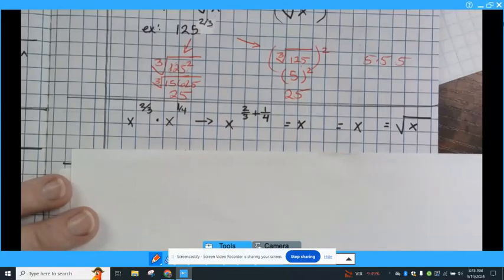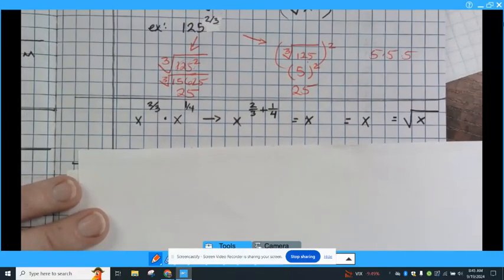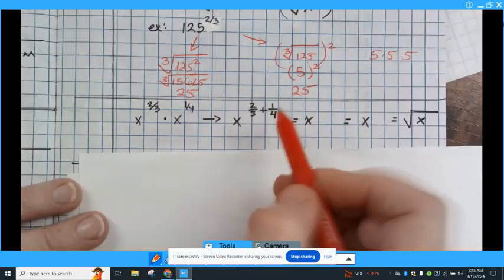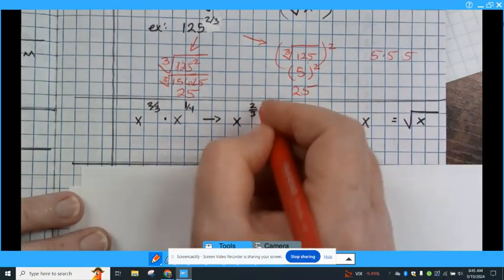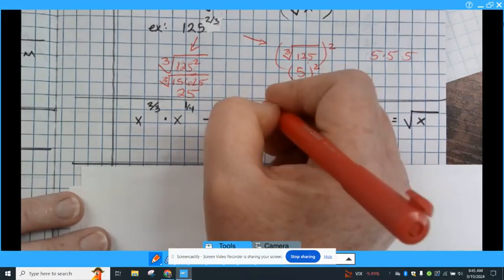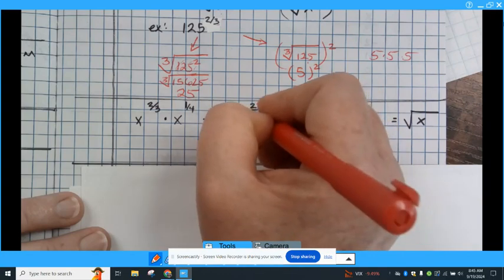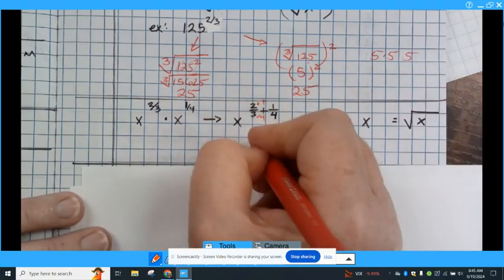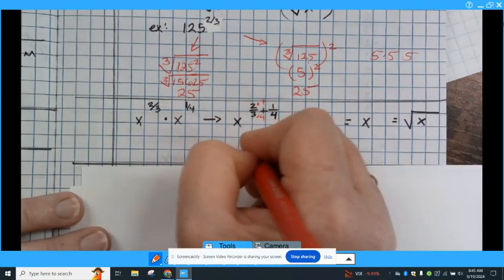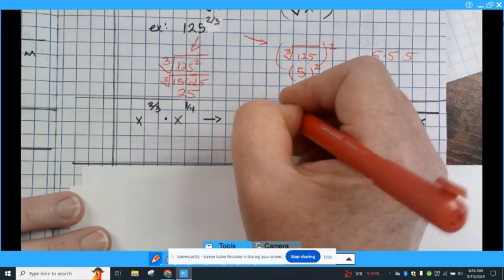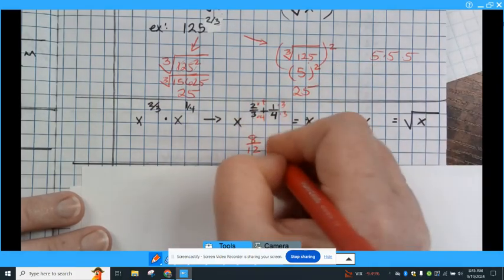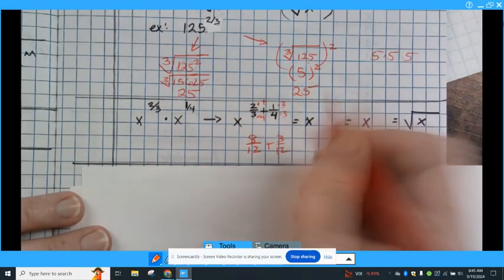I can only add fractions when they have like denominators, so my common denominator is 12. 2/3 would be times 4 times 4, which gives me 8 over 12. 1/4 would be times 3 times 3, which gives me 3 over 12.